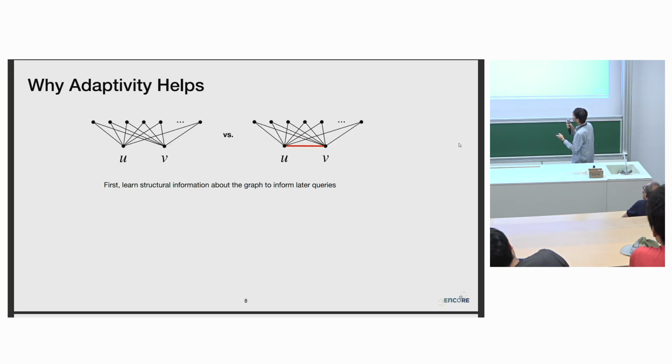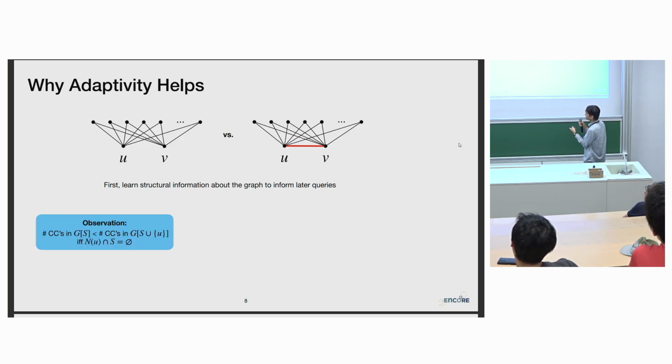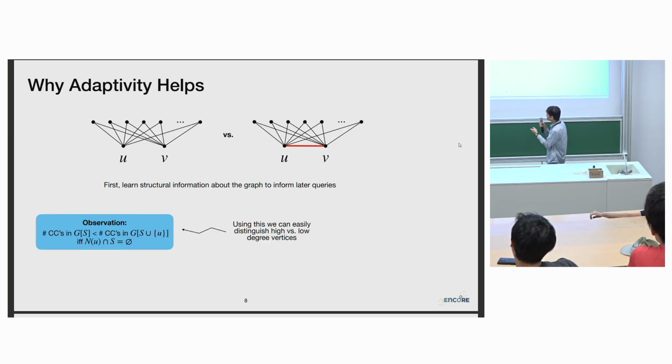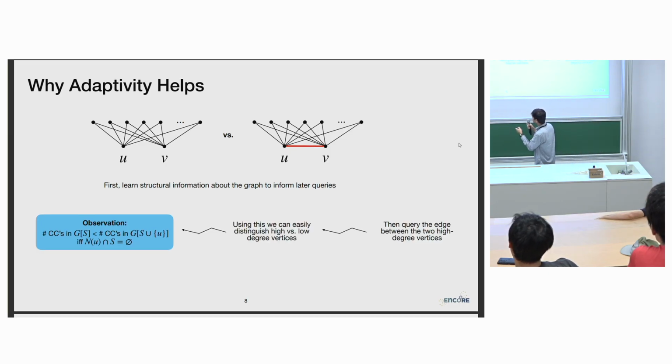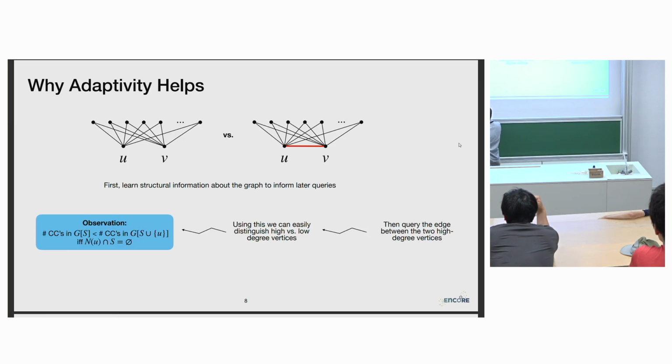Now, how adaptivity can help is that you can learn structural information about the graph to inform later queries. For example, I told you about the group testing primitive, and this is actually how that happens. If you have a vertex u, then you can query with the subset S and the subset S union u, and the number of connected components would be the same only if the neighborhood of u and S have no intersection.